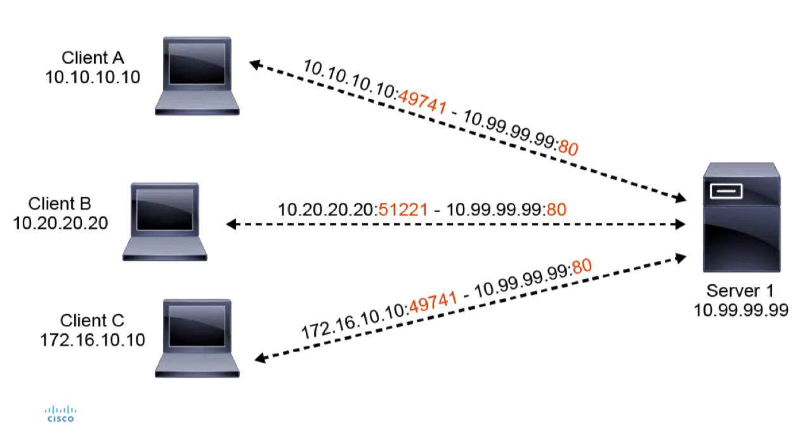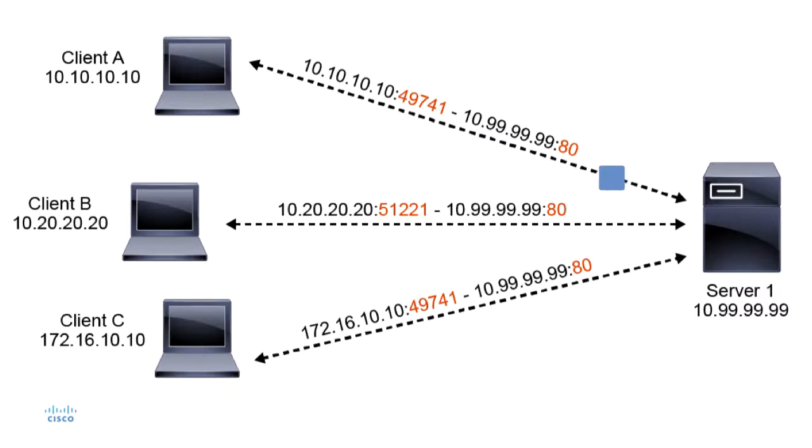As the TCP segment travels from client A to server 1, server 1 receives that connection request and has to go through the three-way handshake. You remember with that three-way handshake there's a reply that comes back. We called that a SYN-ACK. The SYN-ACK is going to be directed to that ephemeral port that client A selected, port 49741 in this case.